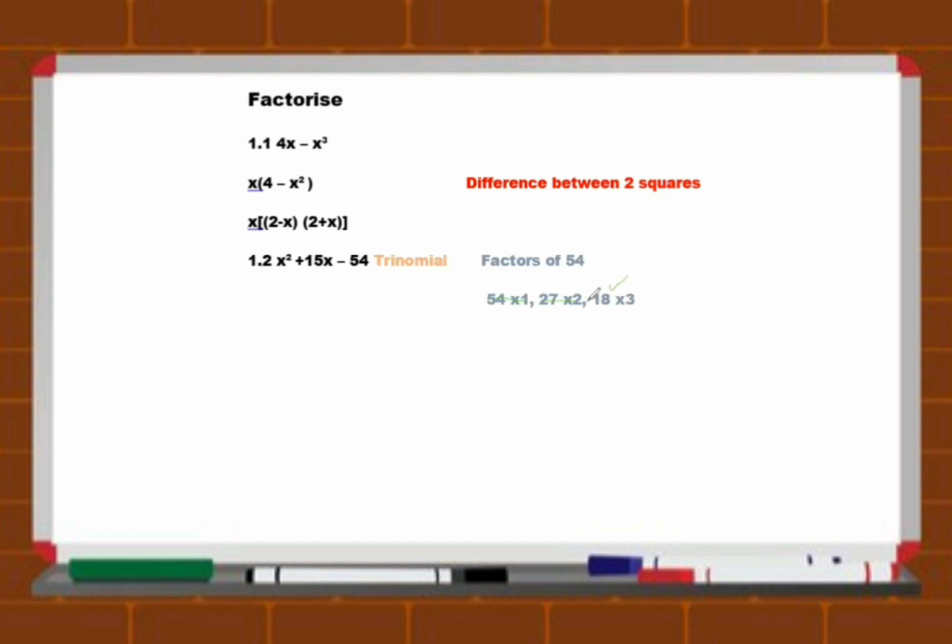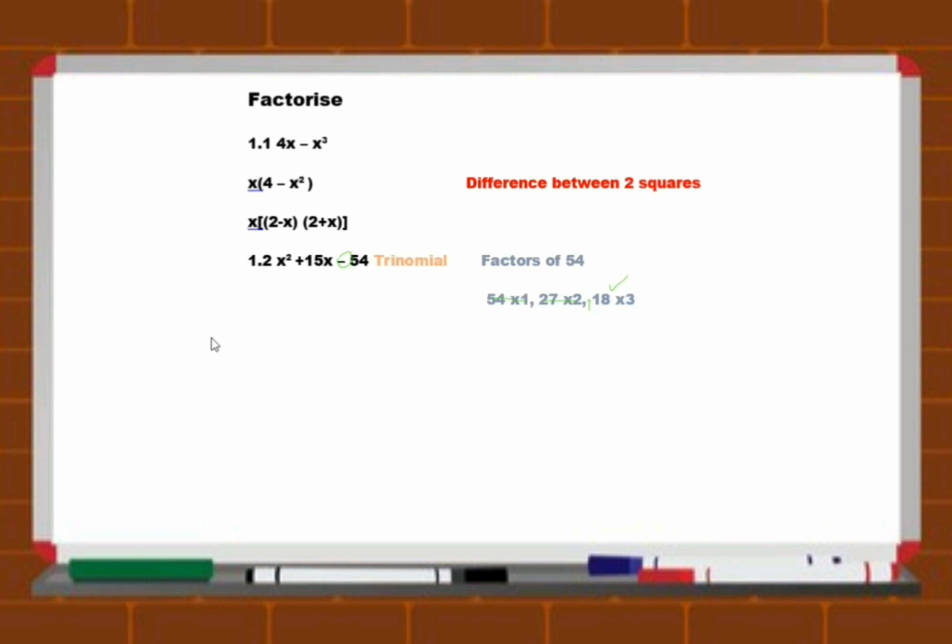If you say plus 18 minus 3, it will give us negative 54 because it's a positive times a negative, but also it will give us 15 because it's 18 minus 3. So there's your answer.